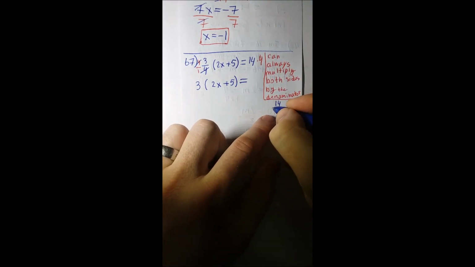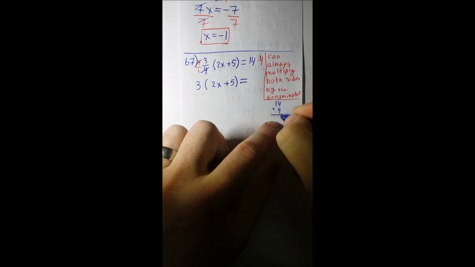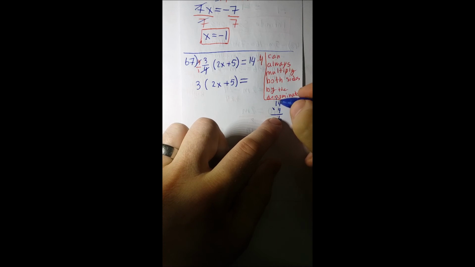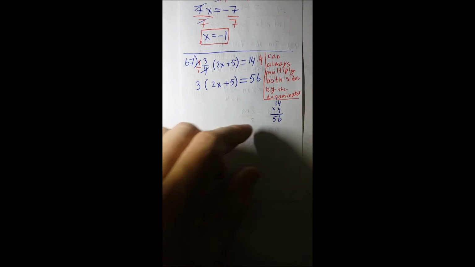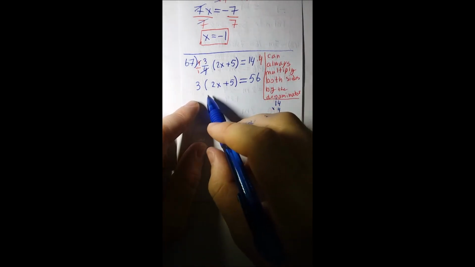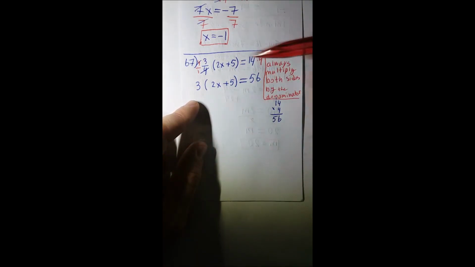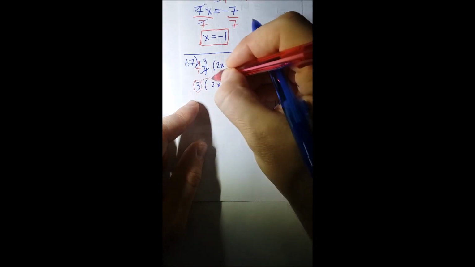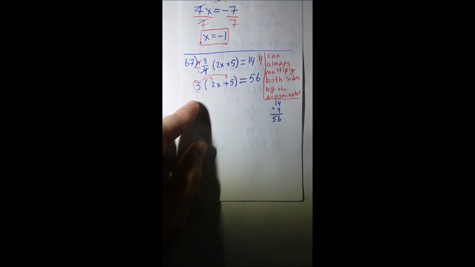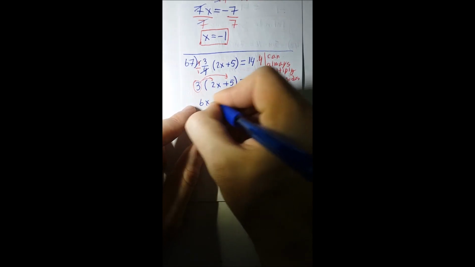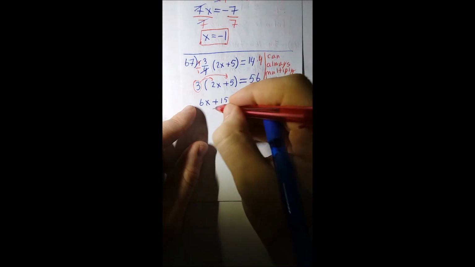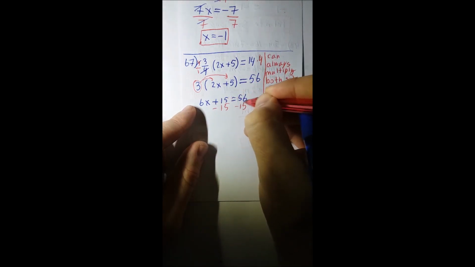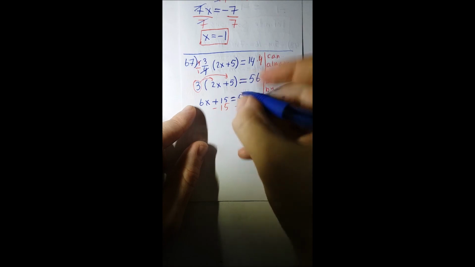Okay, so 14 times 4 equals, 4 times 4 is 16. Remember 1. 4 times 1 is 4. It's 56. Okay, and now what you can do is distribute this 3 into the parenthesis here. So it's going to be 6x plus 15 equals 56. Now, subtract 15 from both sides. We are doing PEMDAS in reverse.